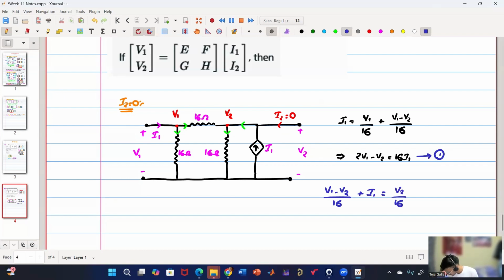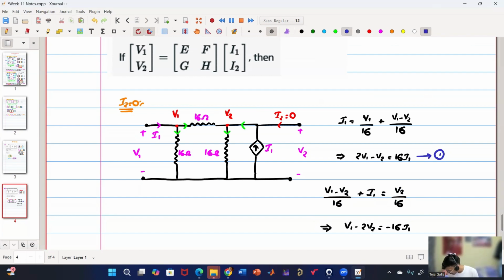Yes, very good. So now I have obtained two equations. Let me also write this in the same way. We'll have V1 minus 2V2 equal to minus 16 I1.